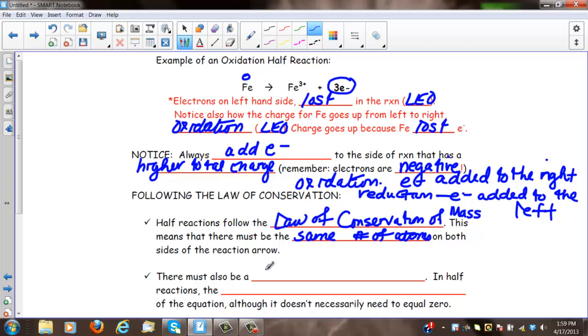The other law that comes into play is that there must also be a conservation of charge. In half reactions, the net charge must be the same on both sides of the reaction.